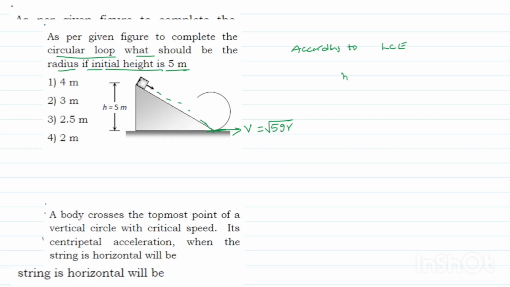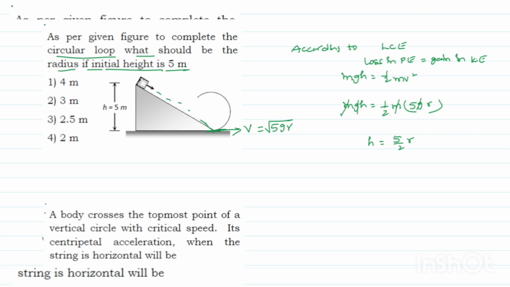So mgh is the loss in potential energy, which is equivalent to the gain in kinetic energy, half mv square. To complete its circle, the velocity at the bottommost point required is root 5 gr. When you square it, you get 5 gr. So m cancels and g cancels, and h will be 5 by 2 into r.